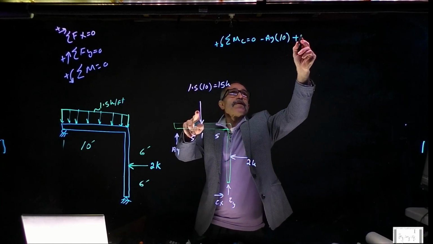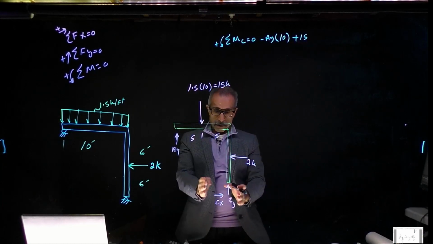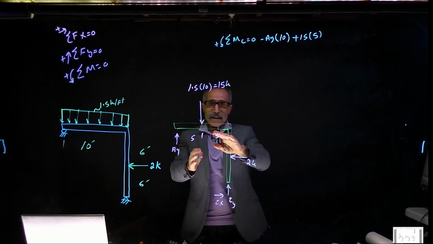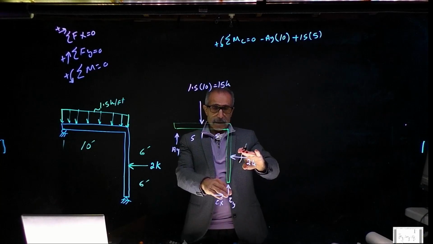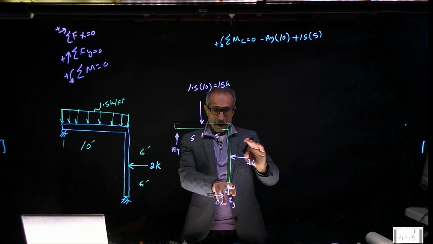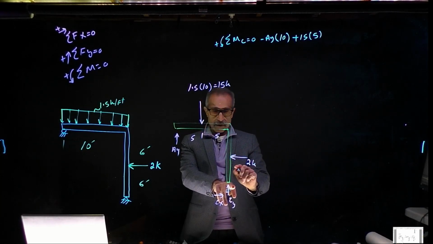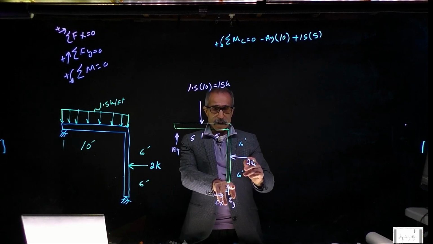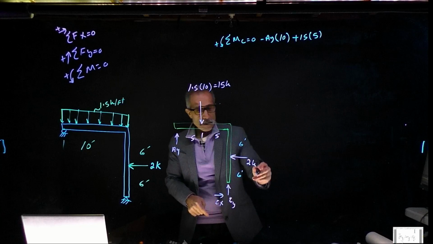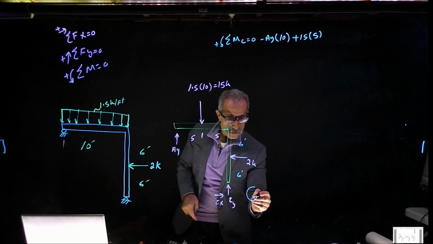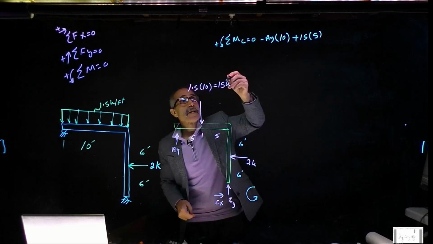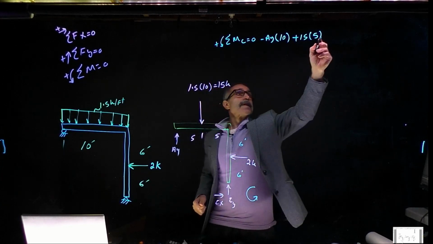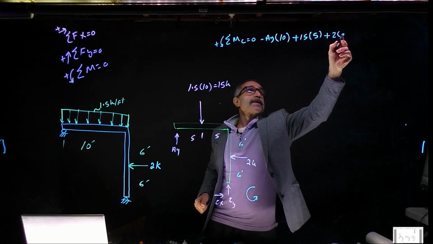So plus 15, and the perpendicular distance is going to be 5 feet. Then there's this force, and the perpendicular distance between this force and this here, we said, is going to be 6 feet. So it's rotating this way, and that's going to be positive because it's counterclockwise. So it's going to be 2 times 6 plus 2 times 6 is equal to 0.